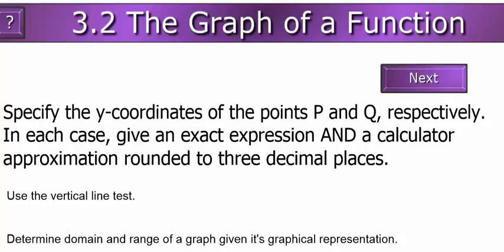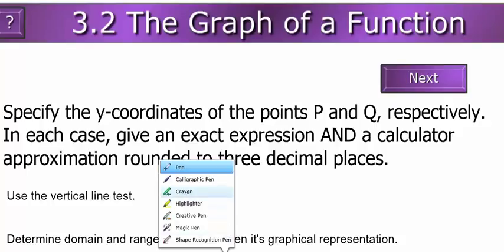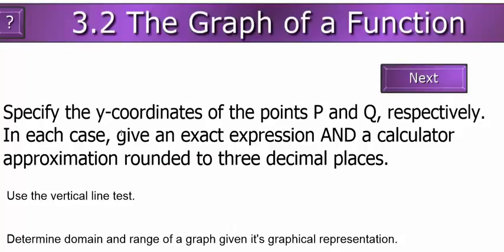So when we put values into a function, we can get exact values out. We can also get a calculator approximation when those numbers look a little bit more complex, less than basic.